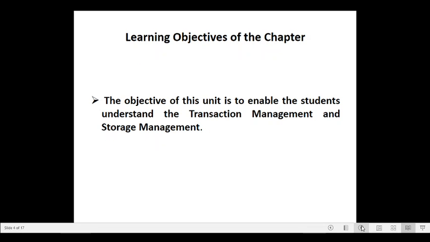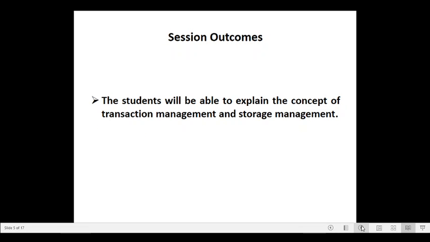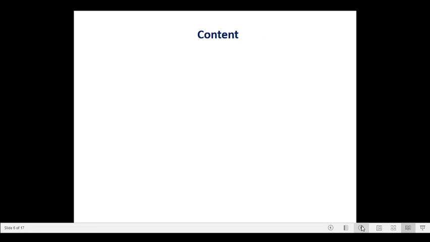The learning objective of this session will be to enable the students to understand transaction management and storage management. After the completion of this session, the students will be able to explain the concept of transaction management and storage management. Let's look into the content of this session.